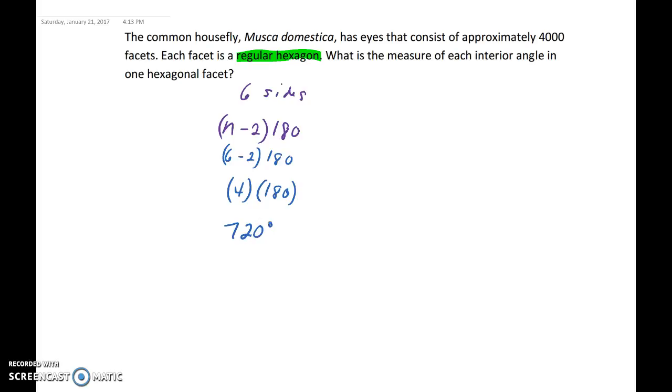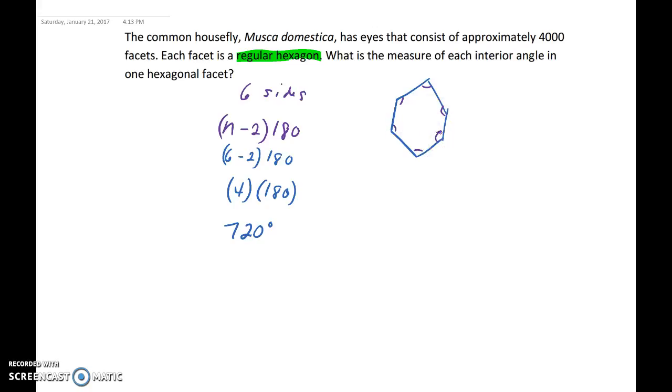That means every single angle of this regular hexagon will add up to 720 degrees. So this plus this plus this plus this plus this plus this will all add up to 720 degrees.